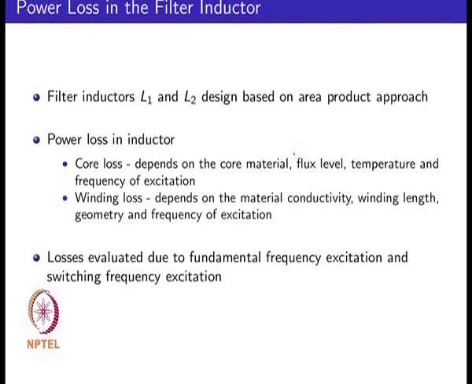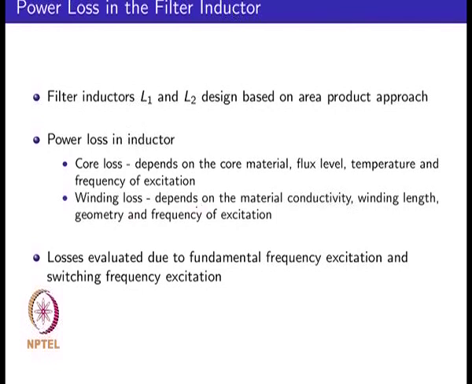And we need to choose L1 and L2 keeping in mind the power loss in the filter inductor, and we have seen that the power loss in the filter inductor consists of the core loss component and the winding loss. The core loss depends on the type of material that is selected, the flux level, the temperature, because the properties of the material would change with temperature, also the frequency of excitation.